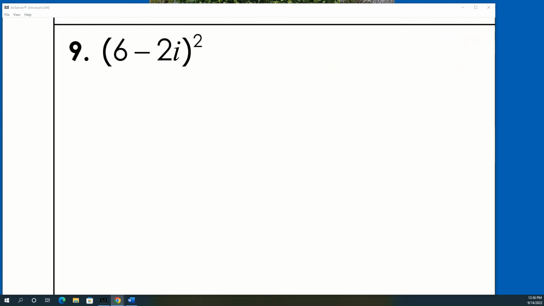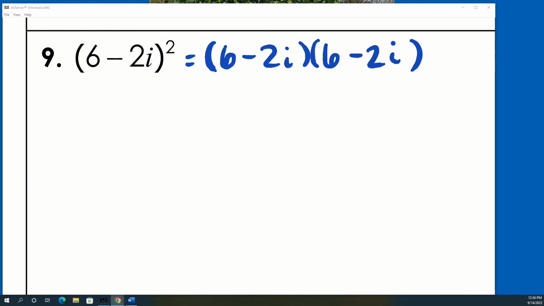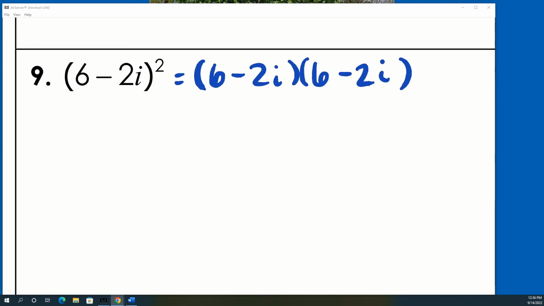All right. What does it mean to square something? Multiply it by itself. So that's exactly what we're going to do on number 9. We're going to take 6 minus 2i and multiply it by 6 minus 2i. So I'm going to let you guys try this one on your own. So you're going to have to distribute the 6, and then you're going to have to distribute the negative 2i.